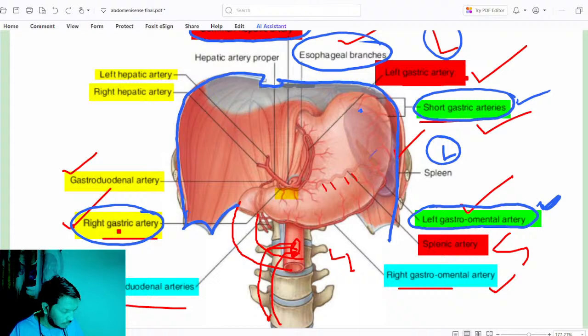Dr. Sanjida, you can just tell the branches of the celiac trunk. Okay, what are the branches of the common hepatic artery?